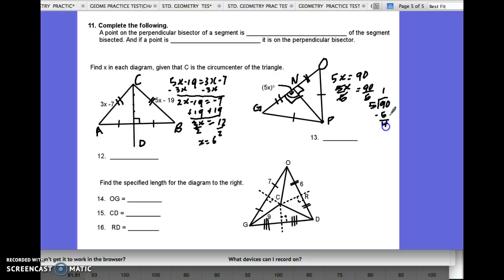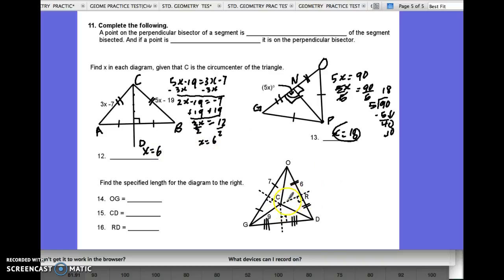Subtract. Bring down. 5 goes into 40, 8 times. 8 times 5 is 40. So here we'd have x is equal to 18. Over here we had x is equal to 6.